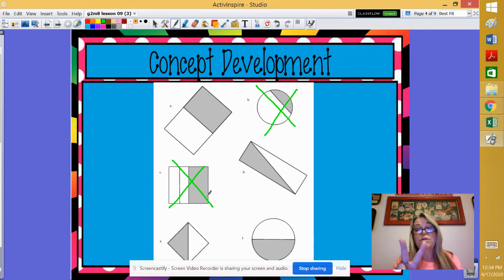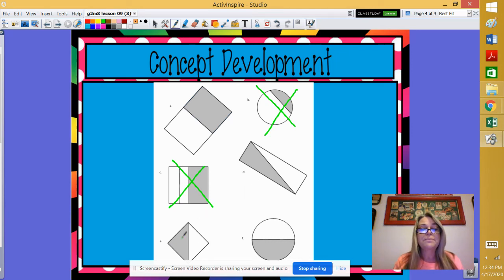Remember, halves are 2 equal parts. Look at D. Here we have a shaded part and a non-shaded part. Are they the same size? Are they equal? Yes, they are. So the rectangle in D is partitioned into halves because the shaded part and the non-shaded part are equal pieces, 2 equal parts.